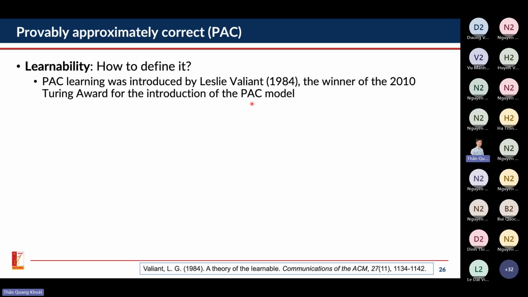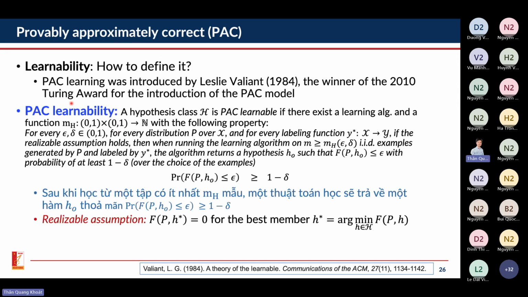And from this model, he was awarded the Turing Award in 2010, more than 15 years ago, right? This award is considered to be the Nobel Prize in computer science. So in this model, he formalized what learnability is and how to define it very clearly.